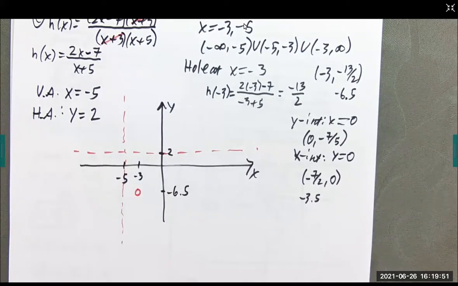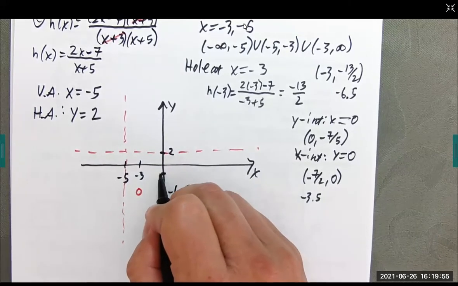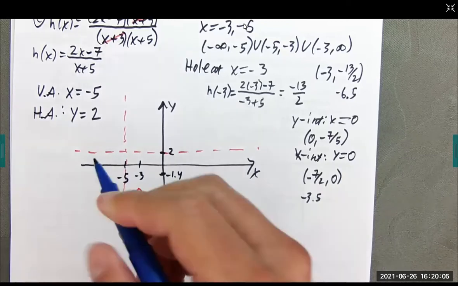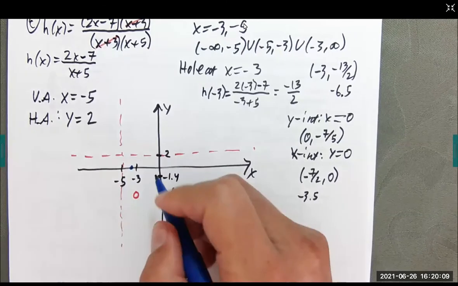So -1.4. And our x-intercept is at -3.5. So we are going to be about right there and there.